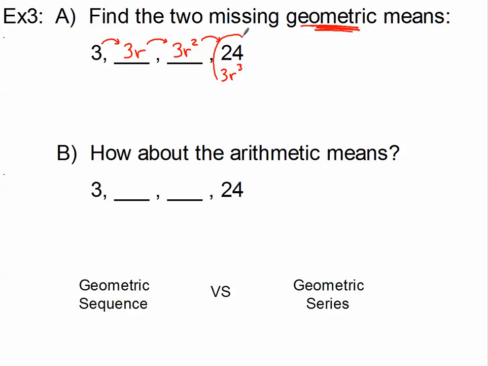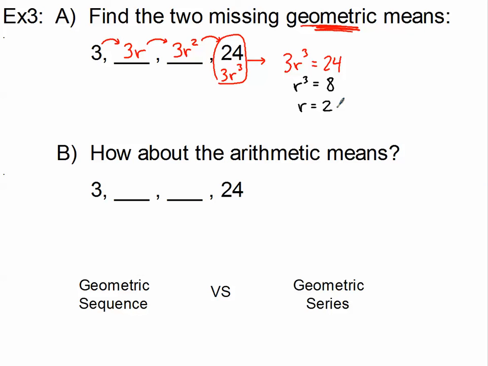And that's what we can use to solve for r. I know that 3r cubed is going to be equal to 24. To solve this equation, I would divide by 3, so I'd have r cubed is equal to 8. That reminds me of a perfect cube. Take the cube root and r must be 2.